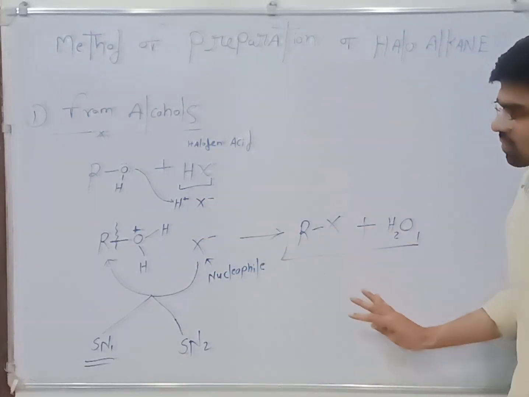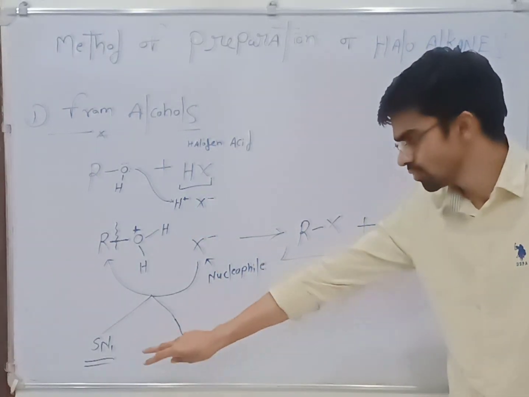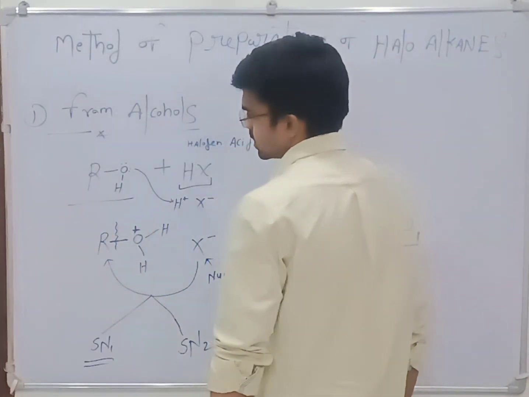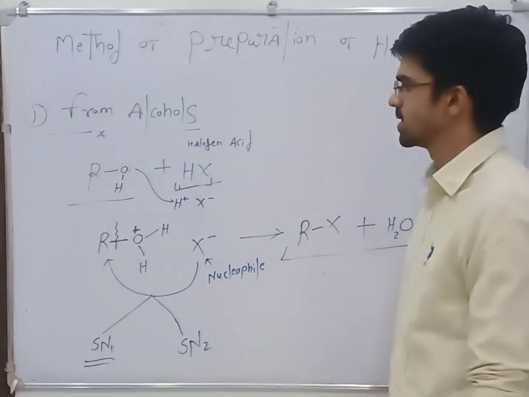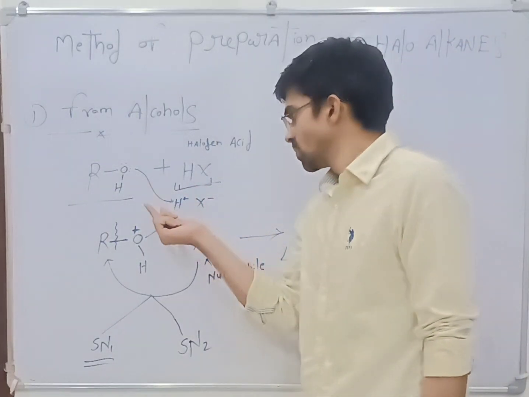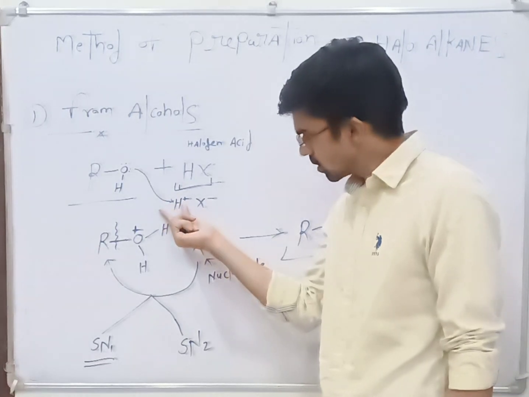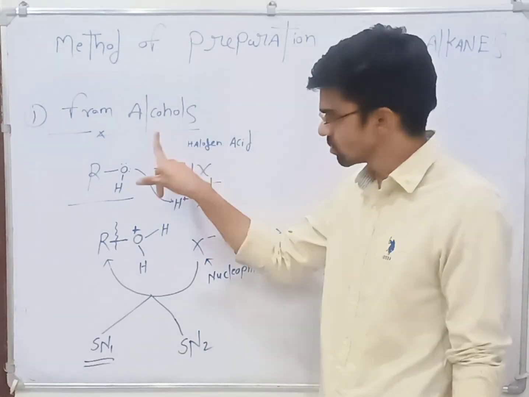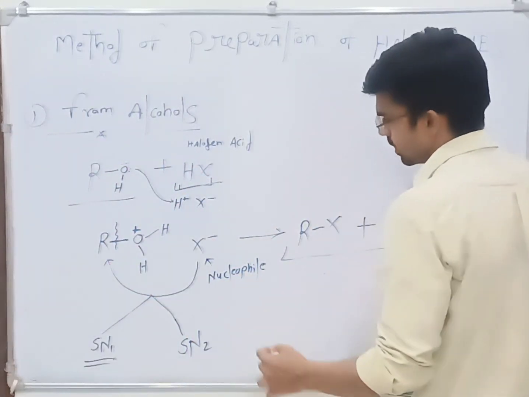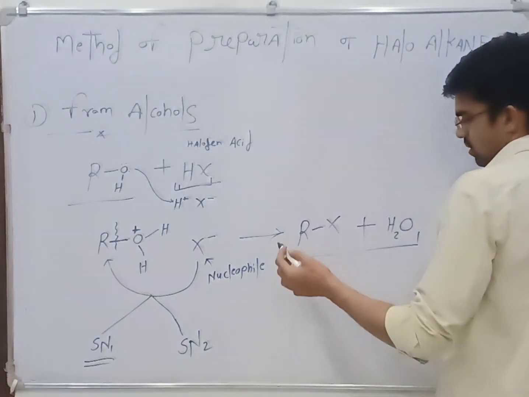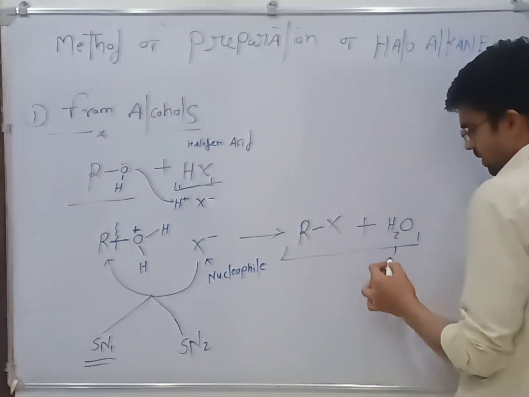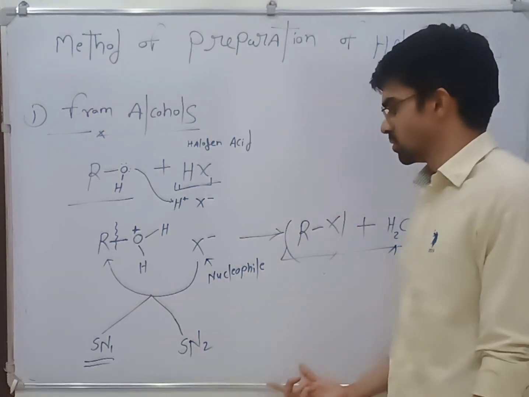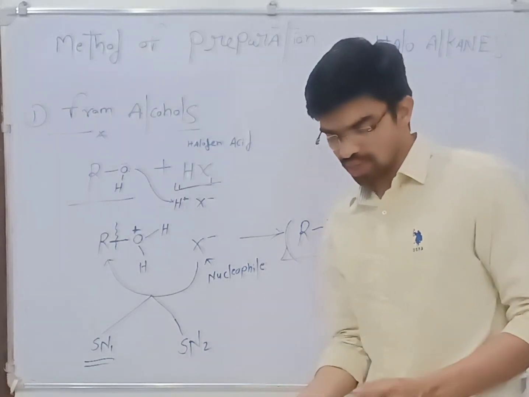First of all, just look at this mechanism; after that, I will discuss both reaction mechanisms. Basically, whenever we react this alcohol with HX, the halogen acid, the oxygen donates its electron and forms a bond with H plus, and this X minus, the nucleophile, will attack R and get attached with R, and this water will get separated. This is how we get RX, the haloalkane. Now we will discuss both types of reaction mechanism.